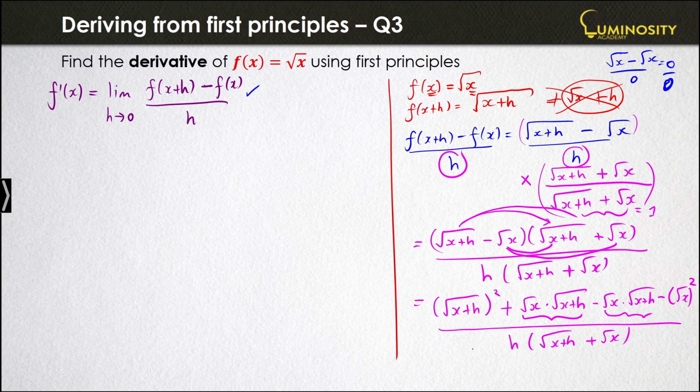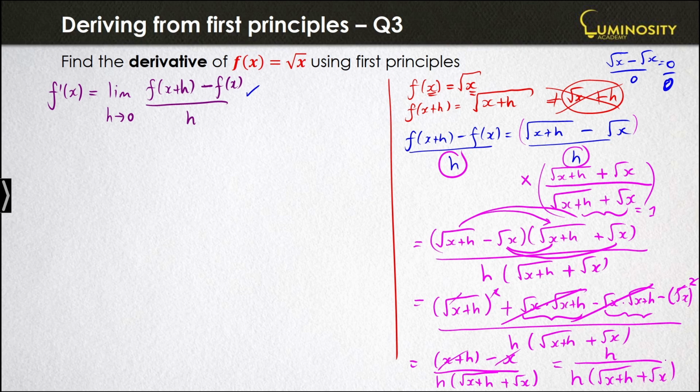One is positive, one's negative, so they will cancel out. That's the whole idea of rationalizing your surd. The square and the square root will undo each other, so you're left with x plus h, then minus the square root of x all squared, which is just x, all over h times the square root of x plus h plus the square root of x. Then in the numerator, x minus x will cancel, so you're just left with h all over h times the square root of x plus h plus the square root of x.